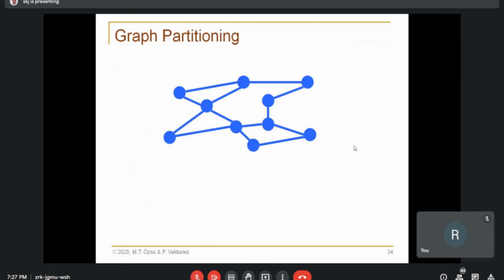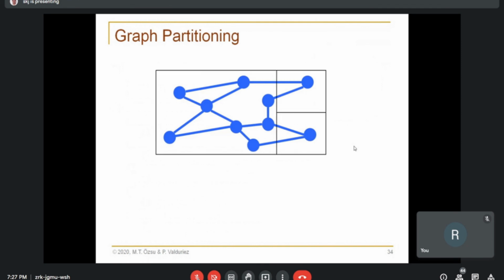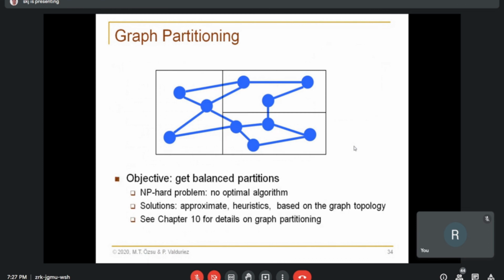Graph partitioning: the objective is to get balanced partitions. It is an NP-hard problem. The solution is an approximate heuristic based on graph topology.